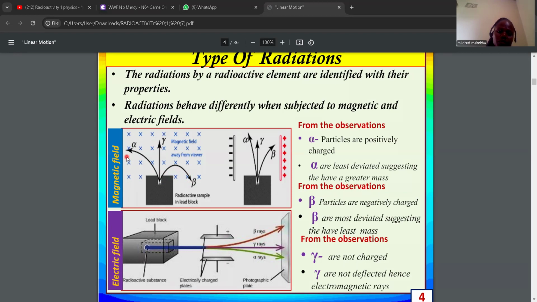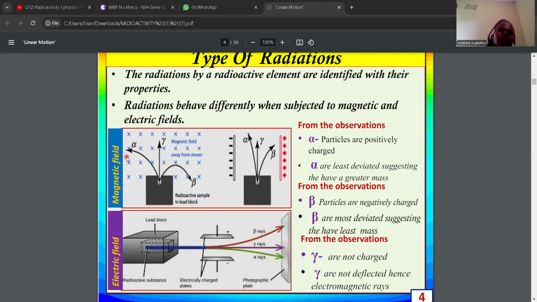At times, when you are provided with the three radiations, it becomes very easy for you to identify which radiation is alpha and which one is beta. But the moment you are given one, then the extent of deflection might not help us very much in identifying the radiation.